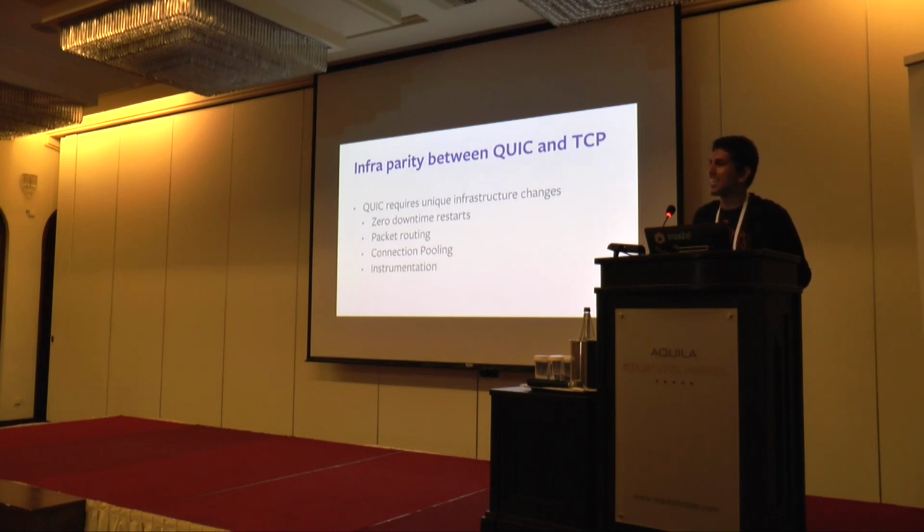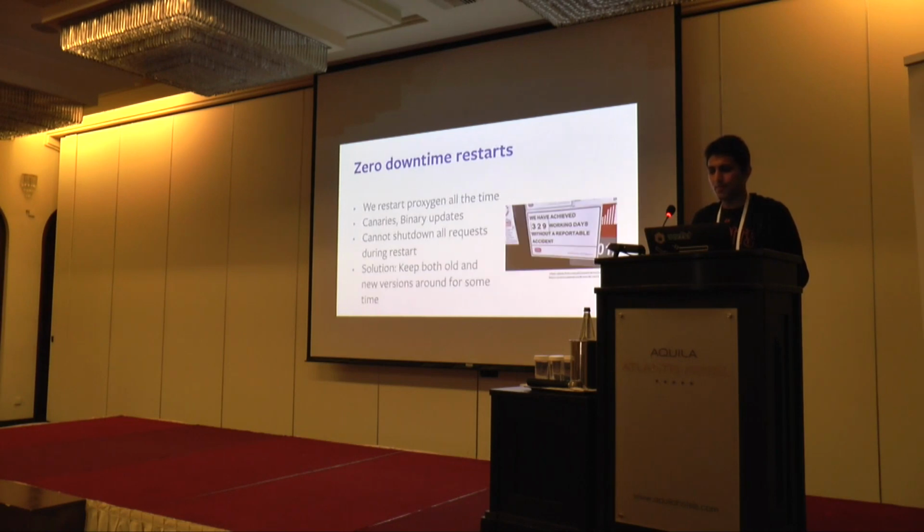We want to route packets that enter our network in a stable way to the right load balancer and the right application servers. On the client side, on the mobile apps, and on the load balancers which connect upstream, we want to effectively pool and reuse connections. And lastly, we want to instrument and debug crazy edge cases that happen in a very large-scale infrastructure environment, figure out why they're happening, and solve them.